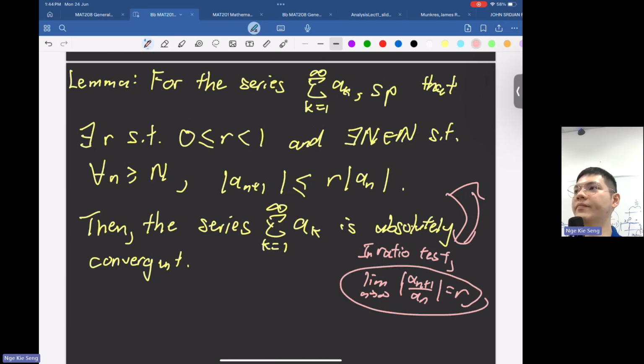This lemma is very rigid, there's no limit here. It just says that |a_{n+1}| is less than or equal to r times |a_n|. But in the ratio test, we have this limit property. Later we'll see how we apply this. Today we'll just prove this lemma first, and then we will resume tomorrow, I guess.